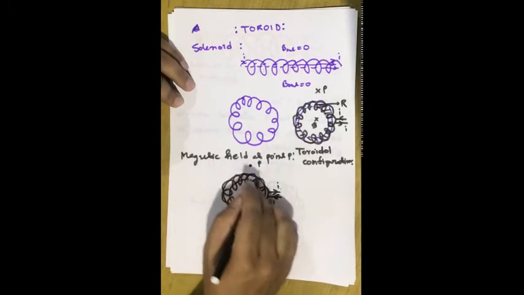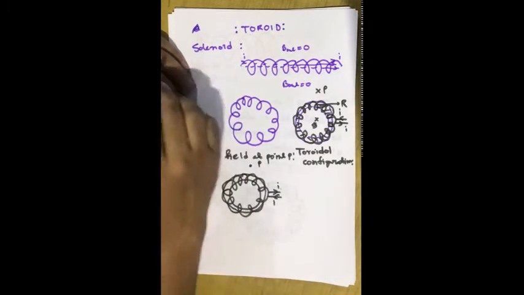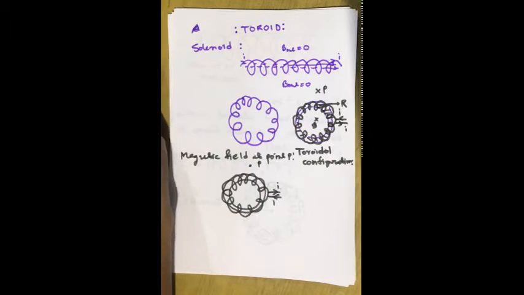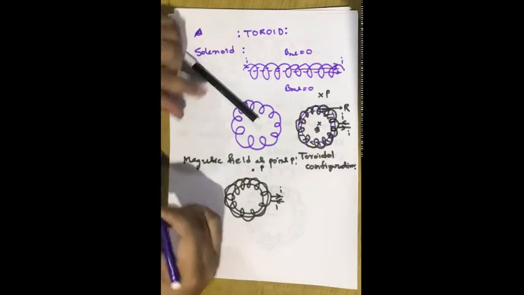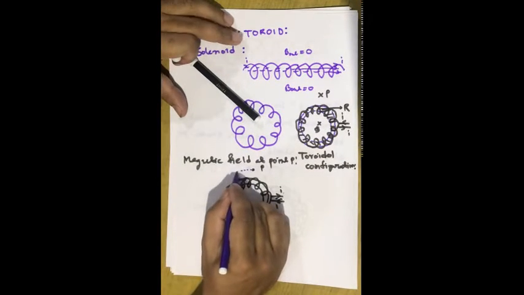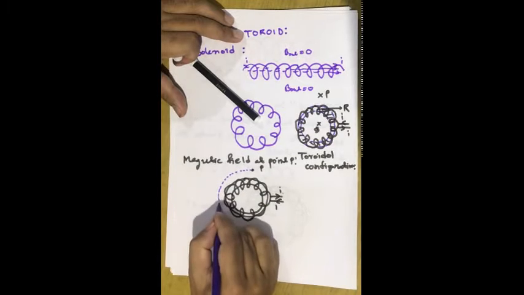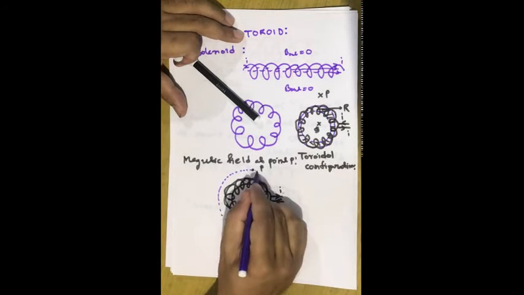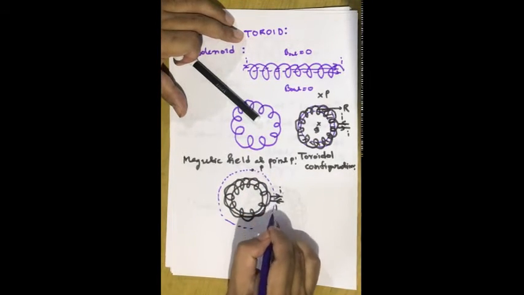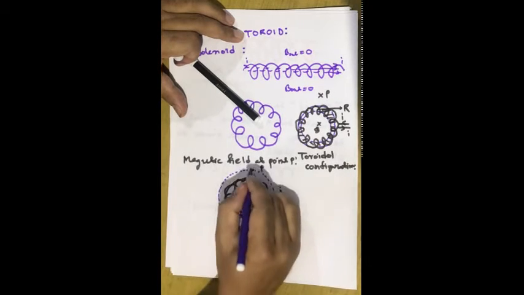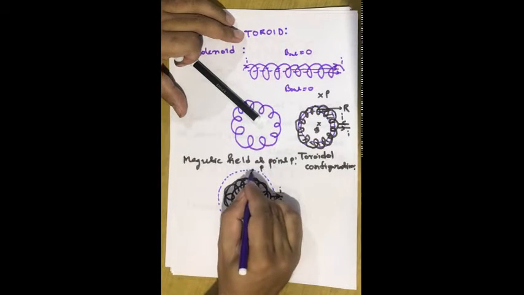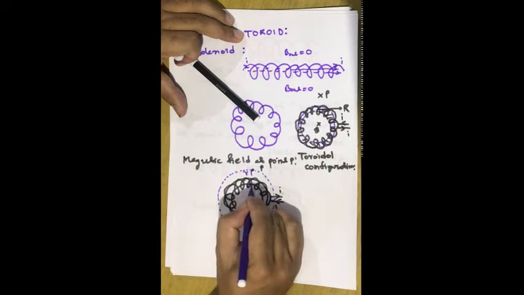In this way the current enters and then passes through it, so it's a continuous process. First we have to imagine a circular Ampere's law loop around the toroid. Say from the center of the toroid, it is at a distance R. So this distance is basically R.